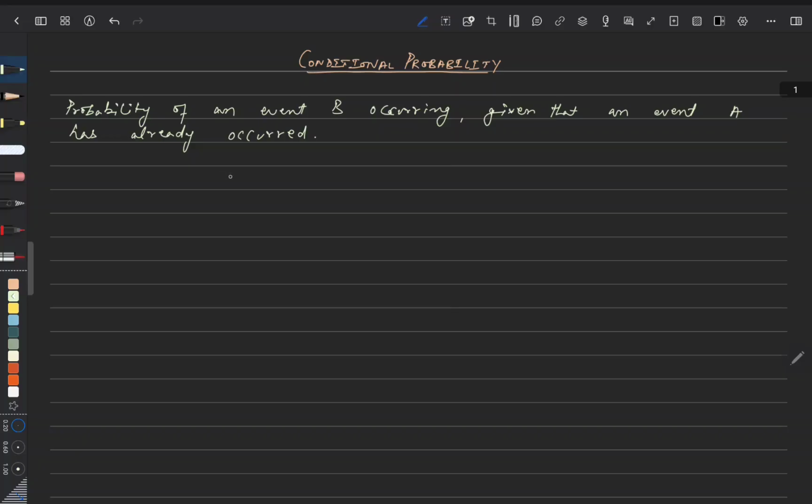It is denoted as probability of B given A. Now you need to find out what is the probability of B given that A has already occurred.